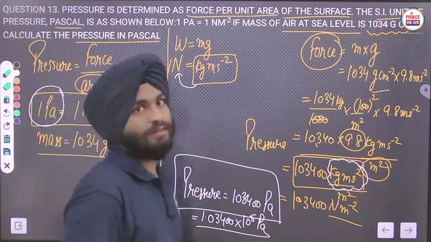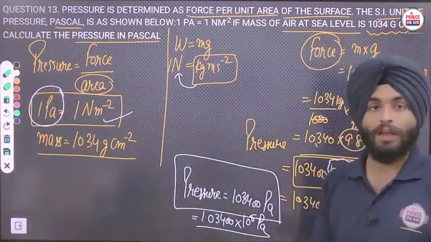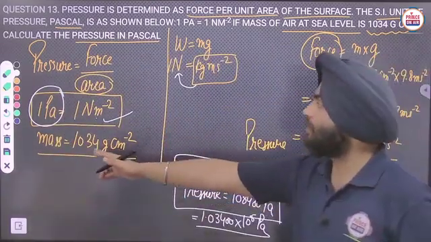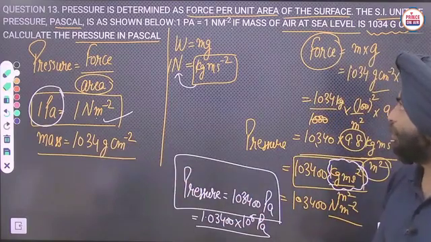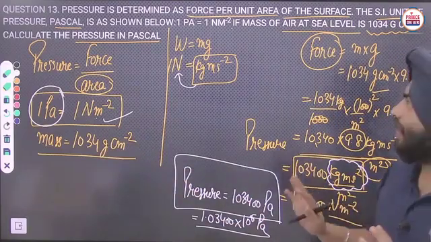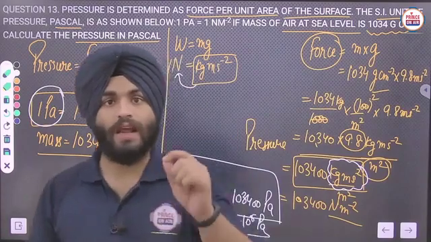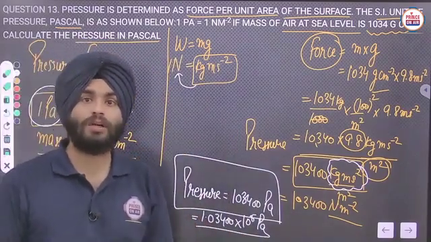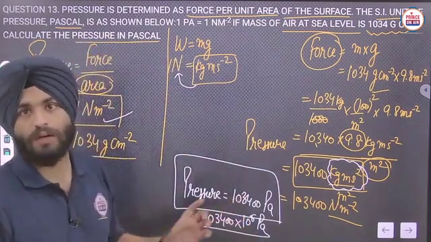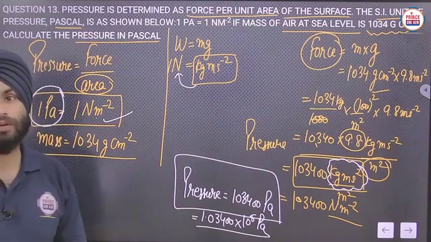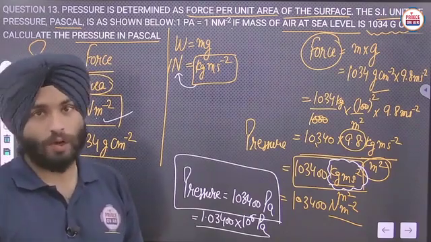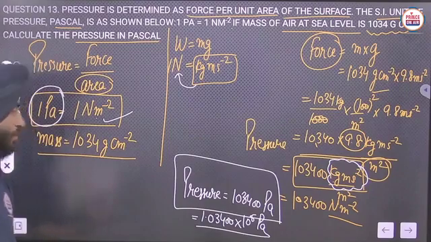So that is the answer. If the mass is 1034 gram per square centimeter and all those values are given to you, then the pressure in Pascal will come out to be 1.03400 into 10 raised to the power 5 Pascal. So that is the answer here.